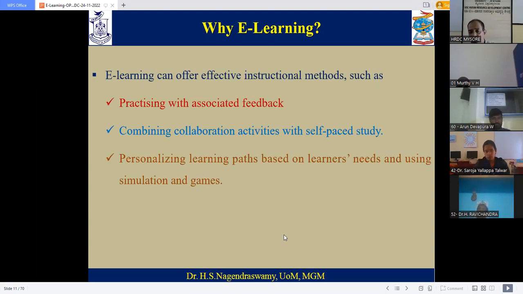Whenever you are using this online mode of learning or e-learning, there is a provision for us to assess ourselves. I think you might have already seen that once you have learned a particular concept in the online portal itself, they will ask some questions to test your level of understanding of that concept.